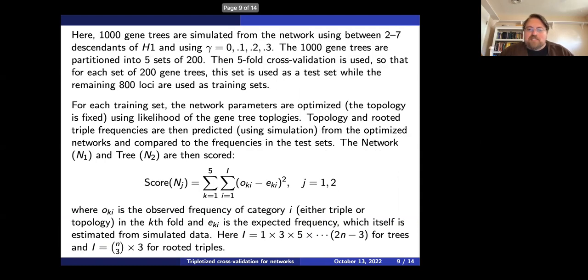And I guess I should indicate, other variations could be used. If we divided by the expected value, we'd basically be doing a chi-square criterion, some sort of goodness of fit with a chi-square. Instead, we're doing least squares instead of chi-square. We haven't tried both of those. I wouldn't expect them to come to radically different conclusions, but that would be a variation to try.